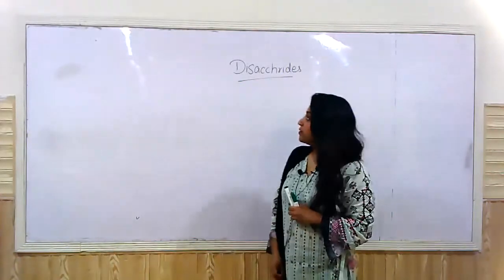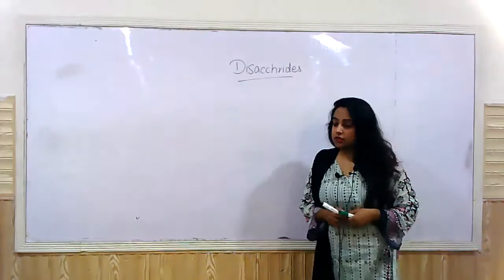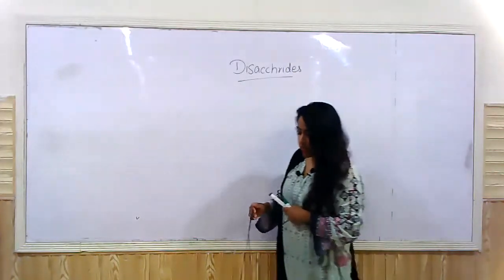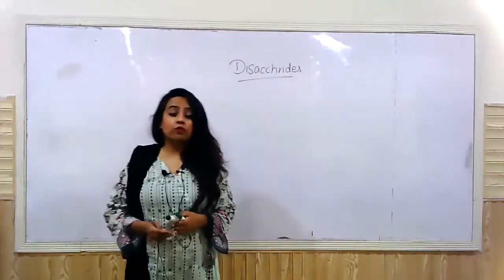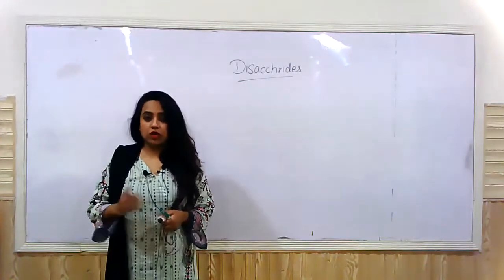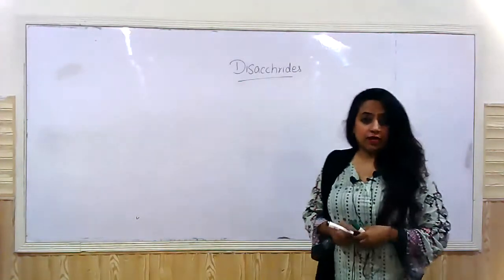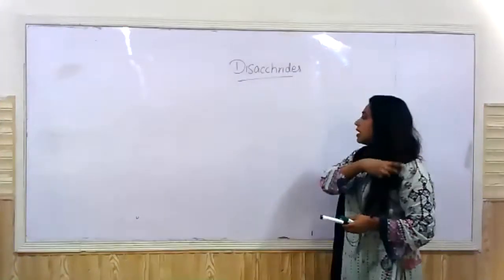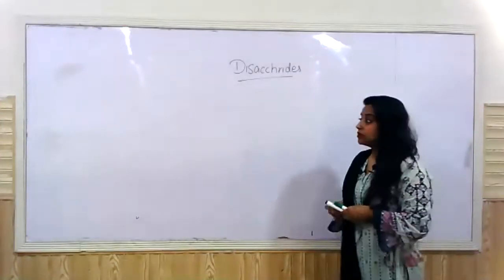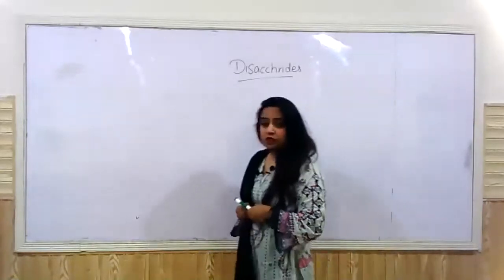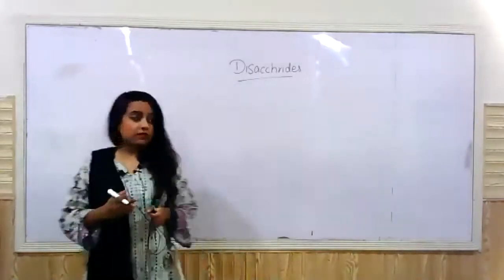Assalamu alaikum everyone. So yesterday we discussed monosaccharides, right? That monosaccharides are monomers of bigger molecules like disaccharides and polysaccharides, right? And we also discussed that there are three basic types of monomers that we will be discussing on monosaccharides.